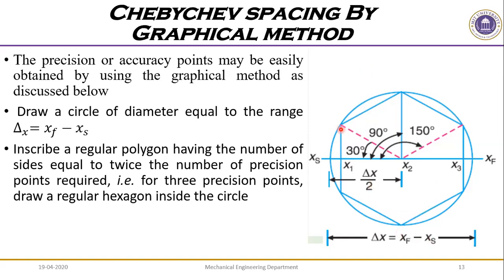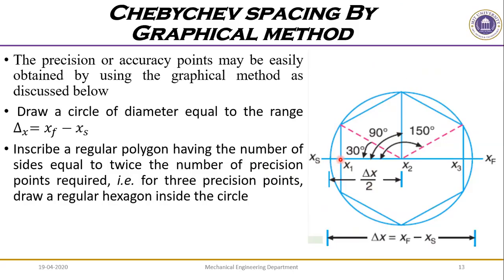Remember? And then from each and every corner, 1, 2, 3, you have to draw the perpendicular on the center diameter. This corner say x1, this corner say x2, this corner say x3. Just measure that, multiplied by scale, you will get the exact value.